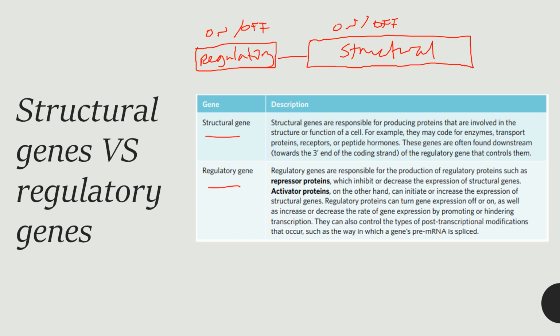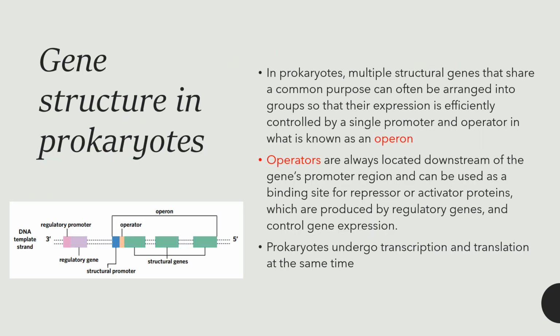So regulatory genes are responsible for the production of regulatory proteins. So we have things like repressor proteins, so they repress transcription from occurring. We have activator proteins, so they activate transcription to occur. And basically this is how we can turn gene expression on and off through these regulatory genes, and it will determine whether we need those structural genes or not.